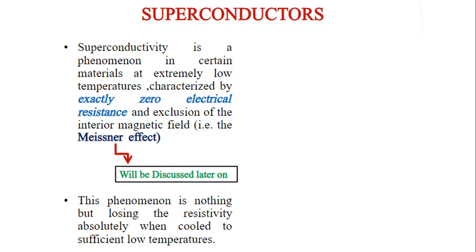You will also find that the magnetic lines of force will not move inside this material; that is called expulsion of the magnetic lines of force, which is called the Meissner effect. This phenomenon was discovered by the scientist Meissner, and therefore it is called the Meissner effect. That will be discussed in a later section of this class.